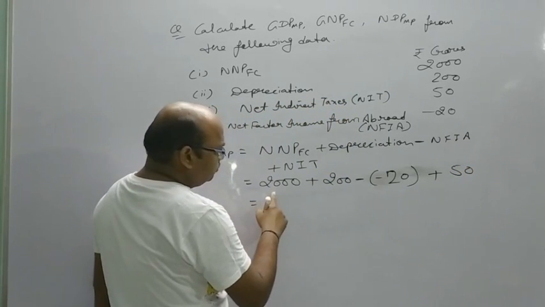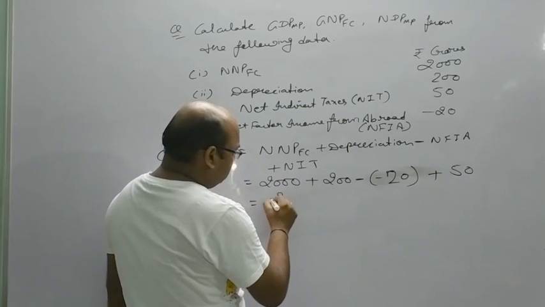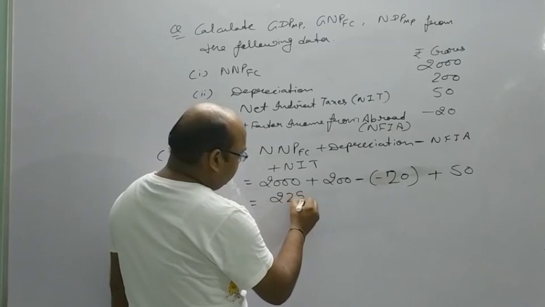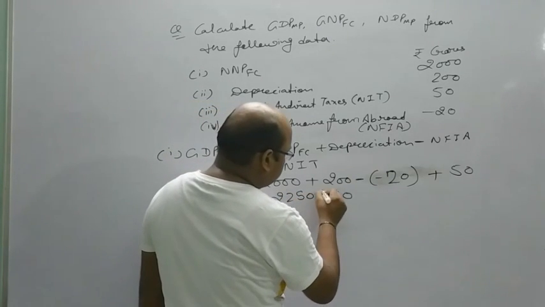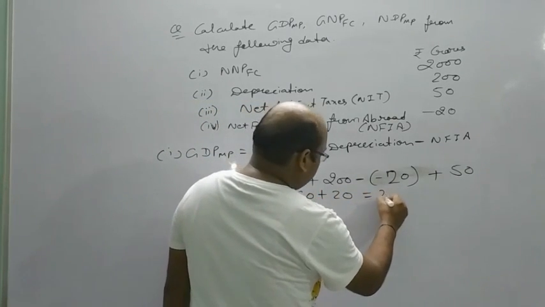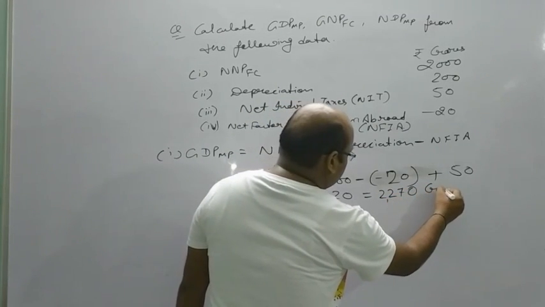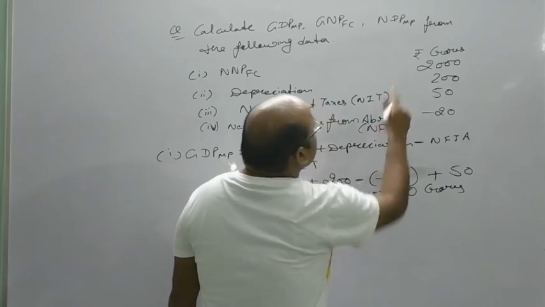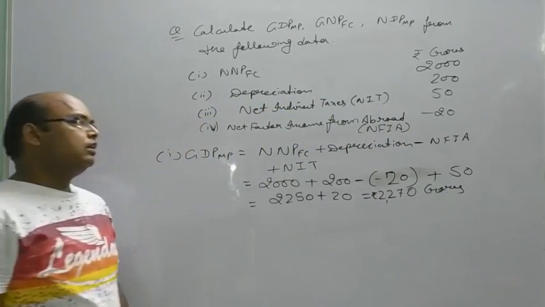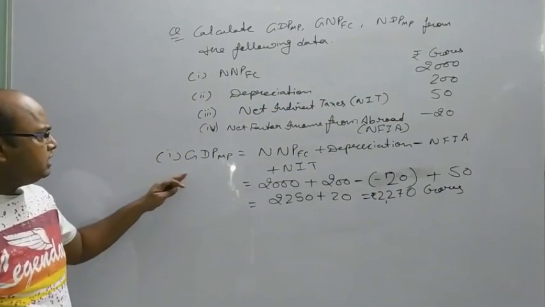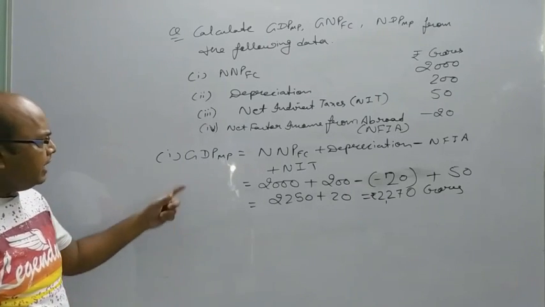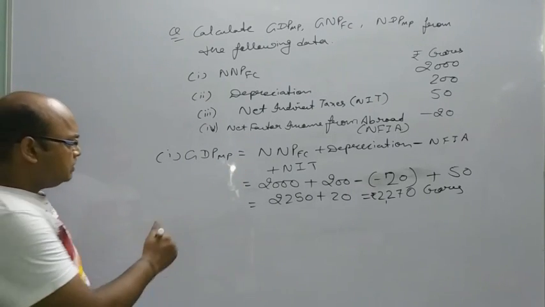So 2000, 2200, 2250, minus minus 20 becomes plus 20. So the answer is 2270 crores. And write the unit also, which is given, rupees in crores. So this is the GDP-MP. We calculated it with the help of NNPFC.